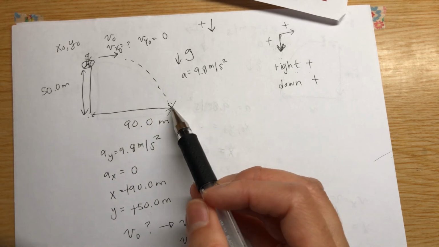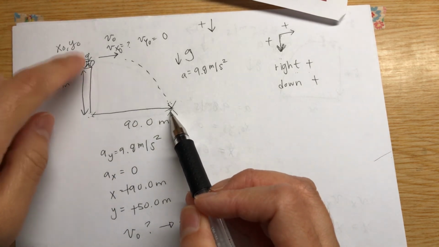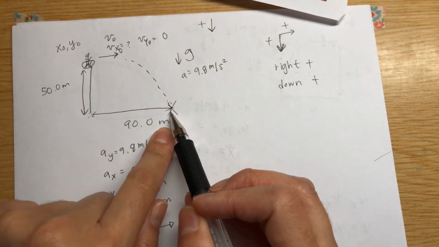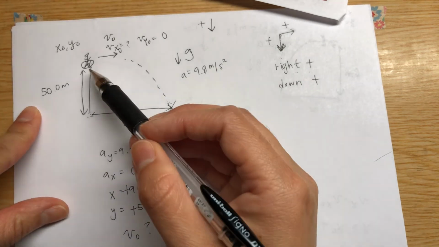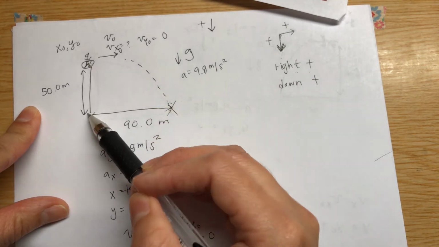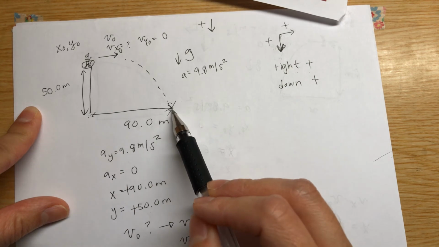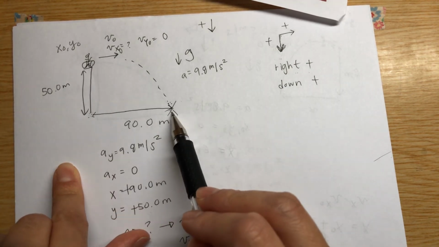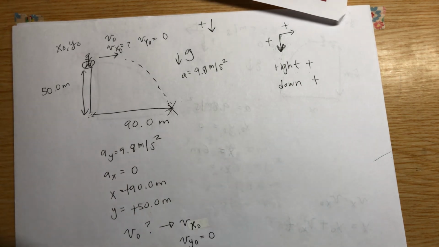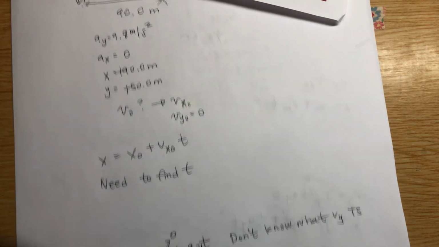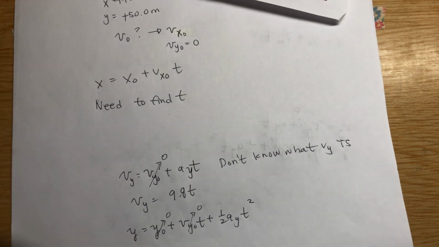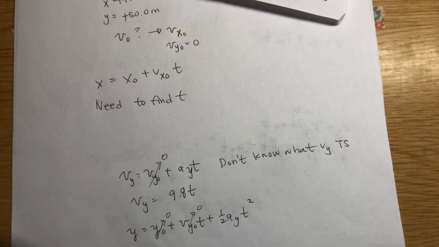So we want to find the time where this motorcycle is going to go down 50 and over 90. If we find the time that he goes down 50, then we can use that time to find where he went right 90. So we need to use the y component equations to find time.